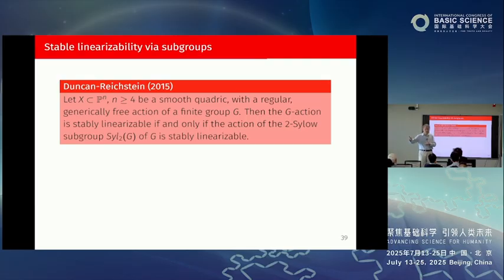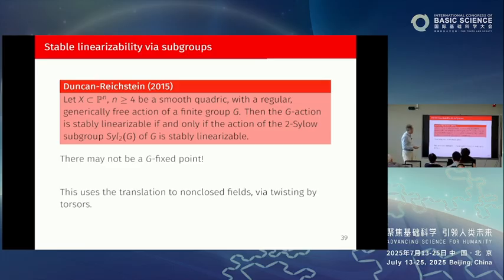How would we read it over non-closed fields? Well, if you have a cycle of odd degree, then that would give you a rational point, and then that would give you rationality and things like this. So you're only interested in degree 2 extensions and so on. Well, okay, and as I said, there may not be a G-fixed point in all of this.